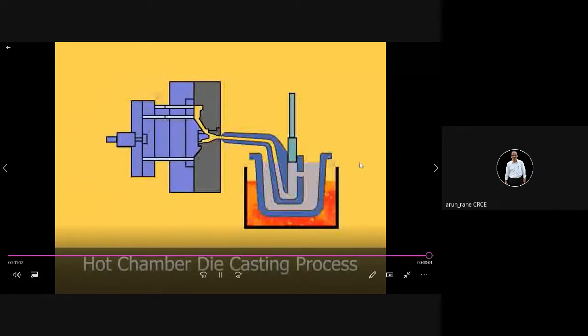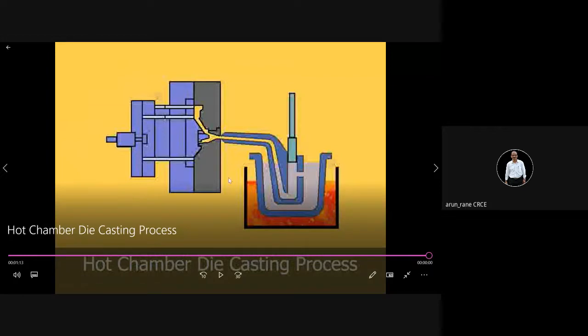So in case of injection molding machine, you have cylinder barrel arrangement here.